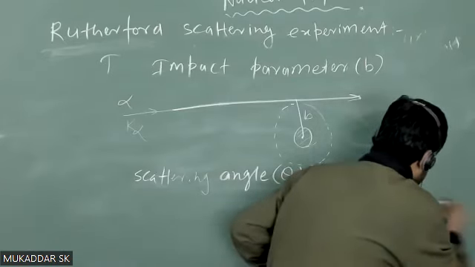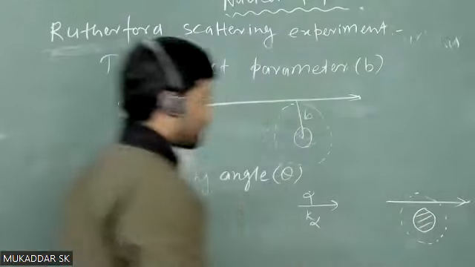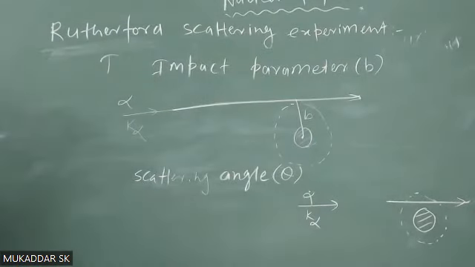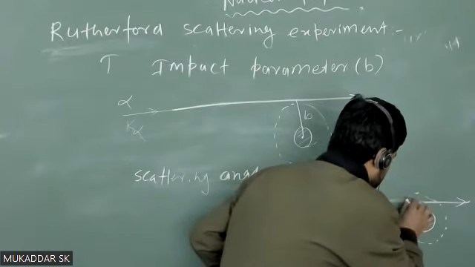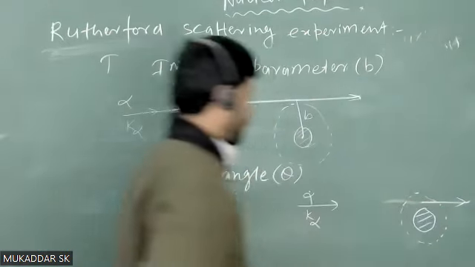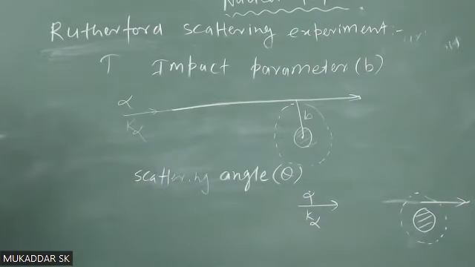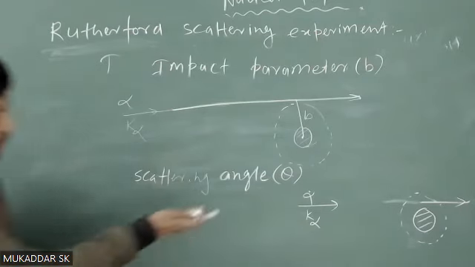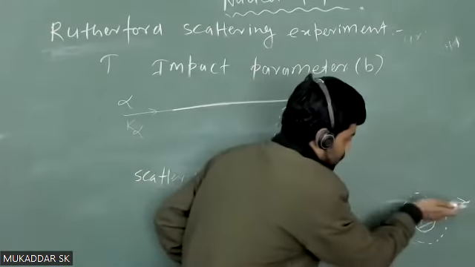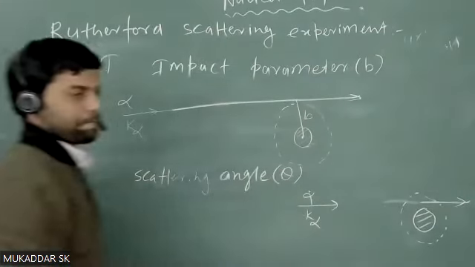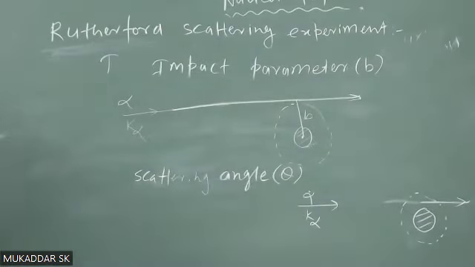So this will be the direction of the alpha particle. Is there any doubt? This alpha particle is approaching that nucleus, so the direction of incident alpha particle will be this. Am I correct?